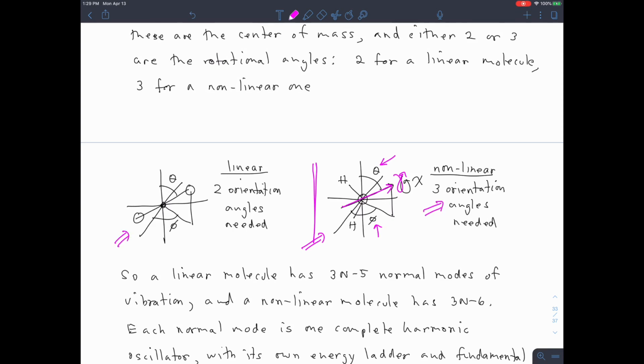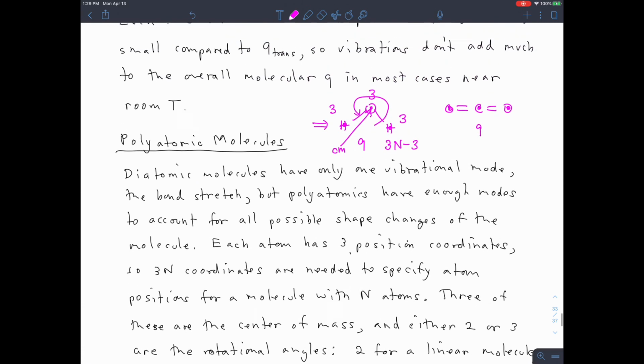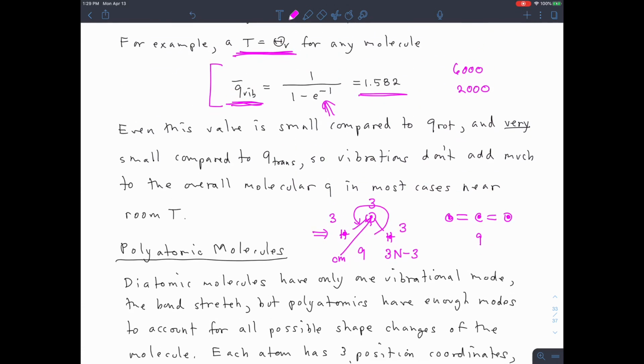But if I have a linear molecule like CO2, then I don't need this third angle, and so there are only two orientation angles. And so in the case of water here, I started with 3n coordinates, I subtracted the center of mass, now I'm subtracting the orientation angle coordinates, and so there are 3n minus 6 coordinates left over.